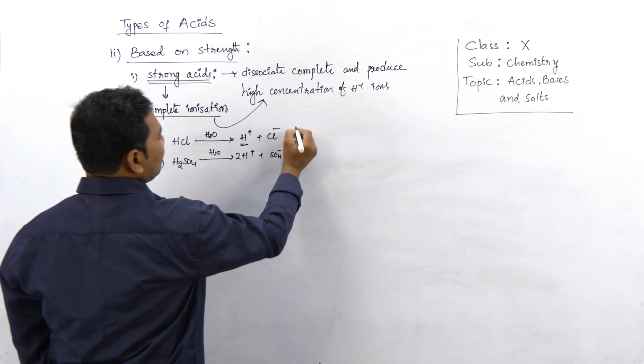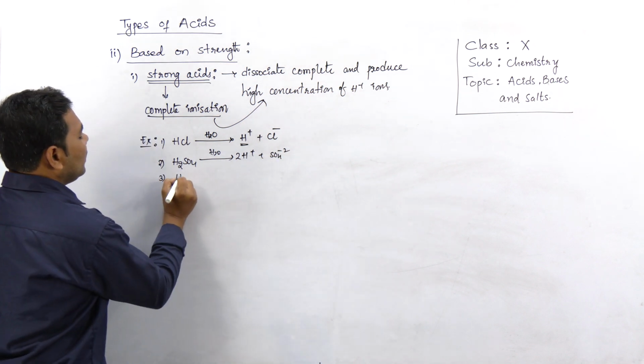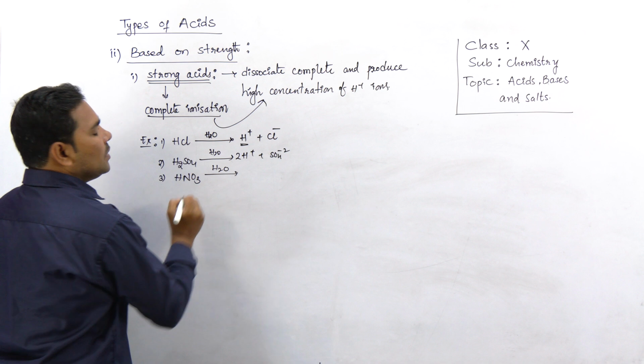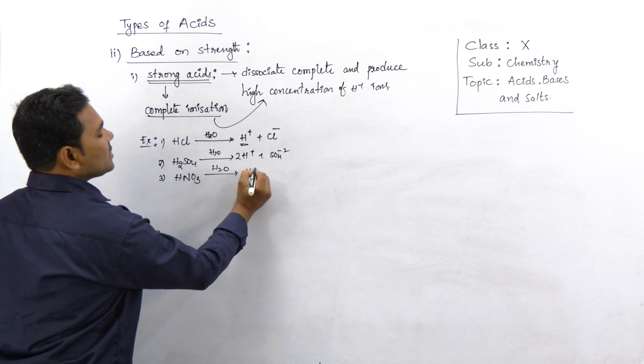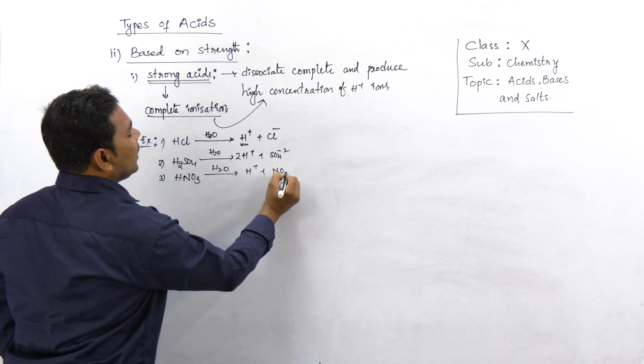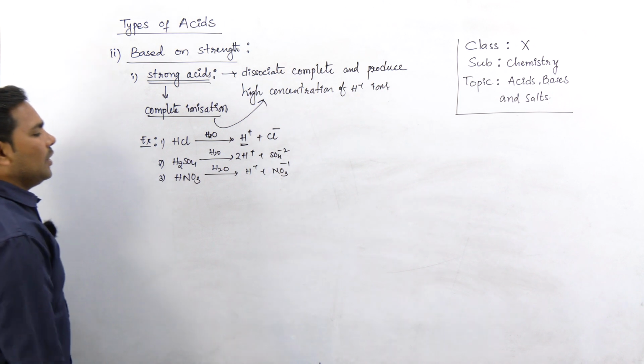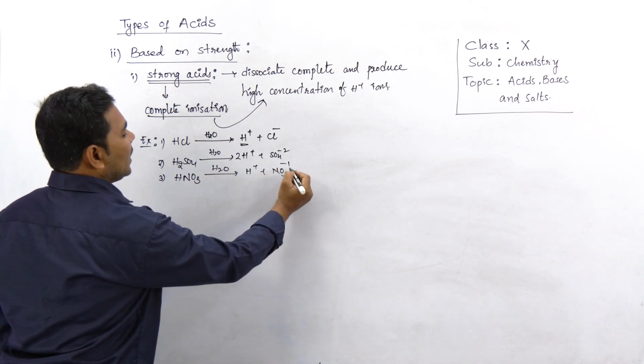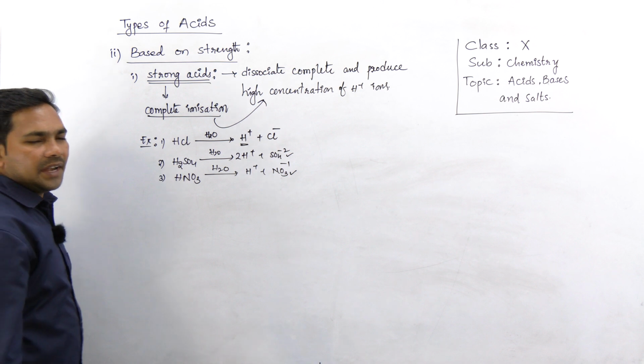We'll write other examples of strong acids. Number 3, nitric acid, HNO3, in water produces H+ ion and NO3 minus 1 ion, right? Hydrogen ion and nitrate ion. This is nitrate ion, this is sulfate ion.